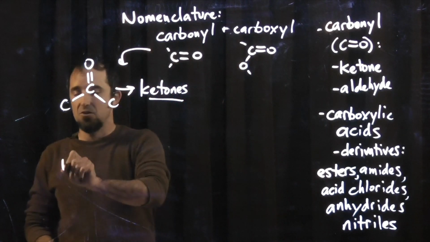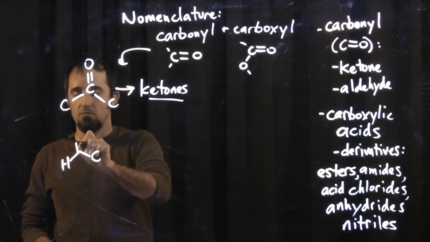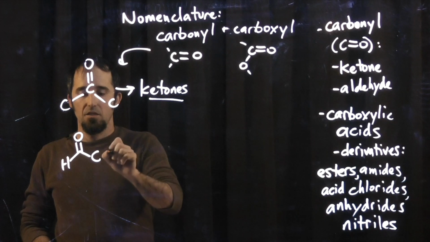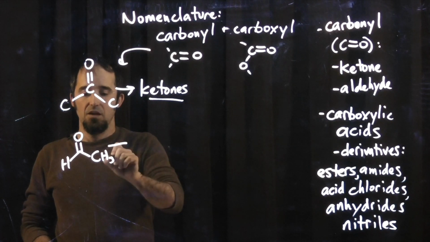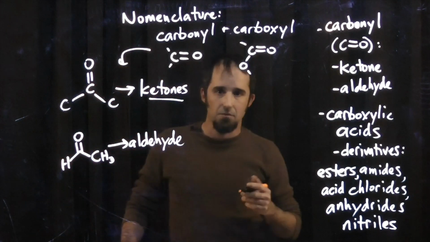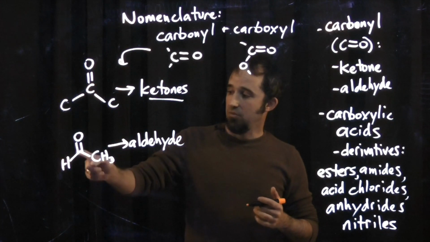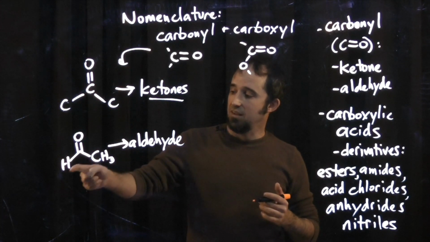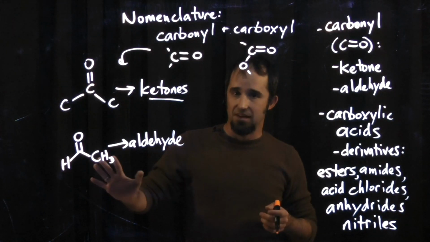If there is a hydrogen on one of the sides, that is called an aldehyde. Okay, so aldehydes have a carbonyl with a carbon on one end and a hydrogen on the other. That's an aldehyde.